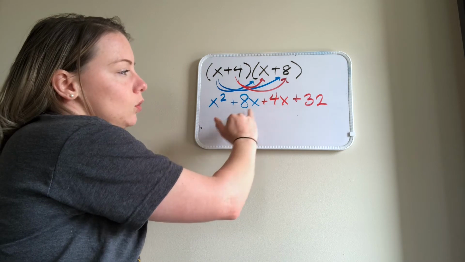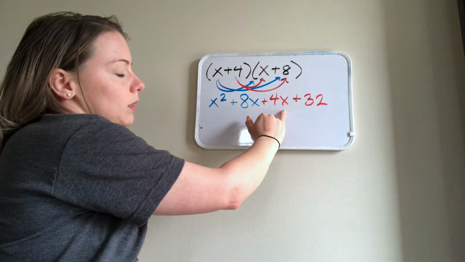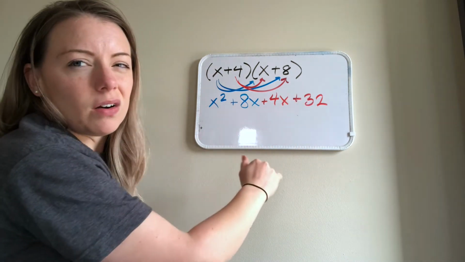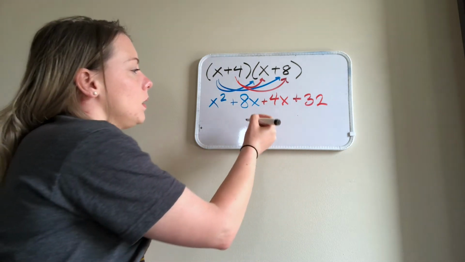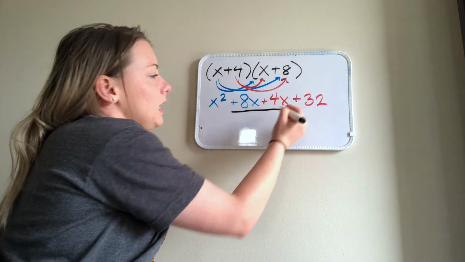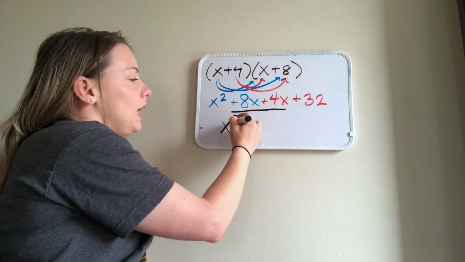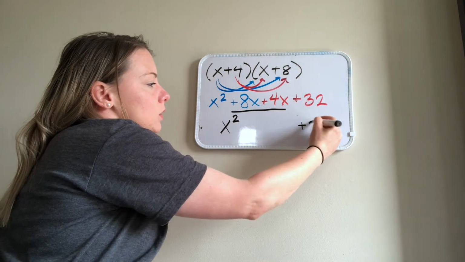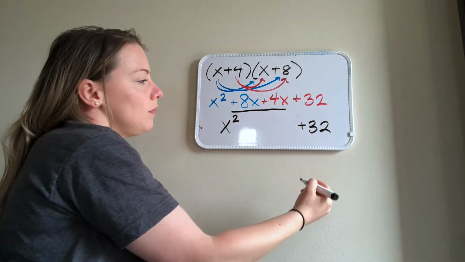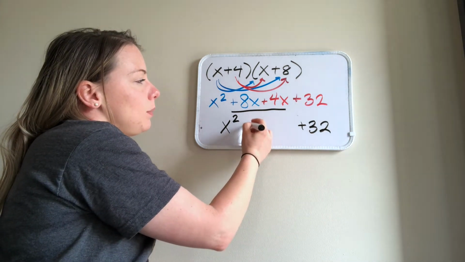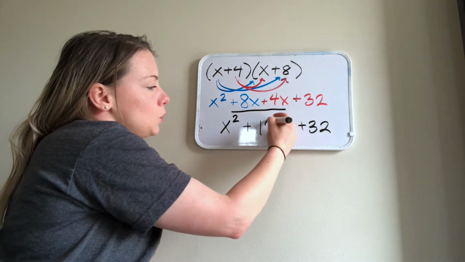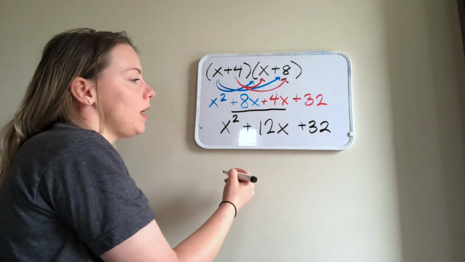We do have 2 x's that are like terms, which can combine, and there aren't any other constants. So we will be combining 8x and 4x. My x squared and my 32 stay the same. And then I have 8 plus 4, which produces 12, more specifically 12x.